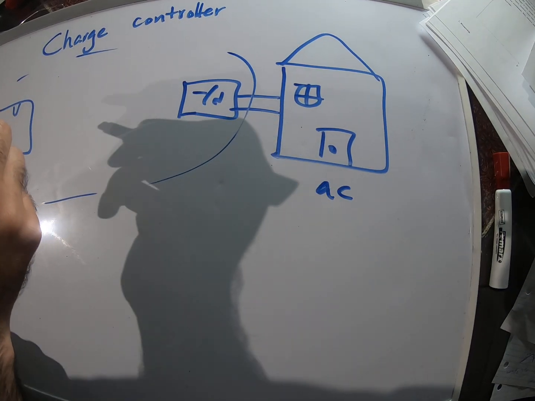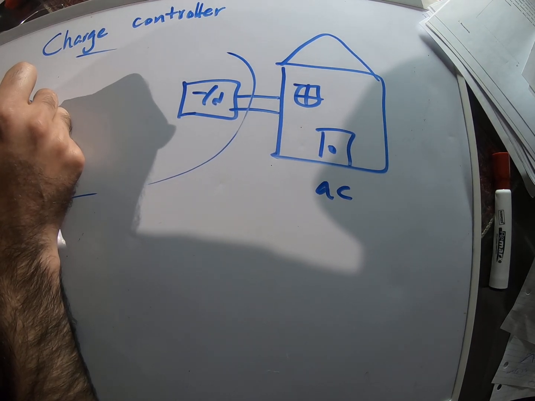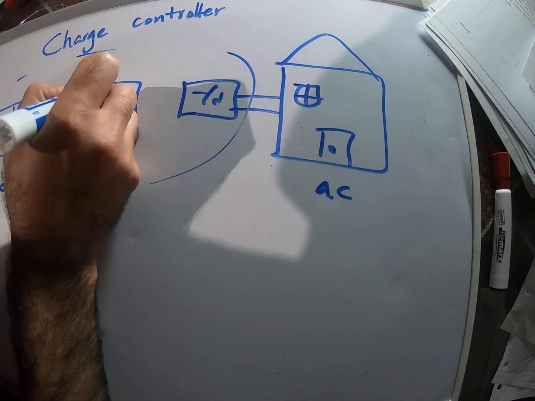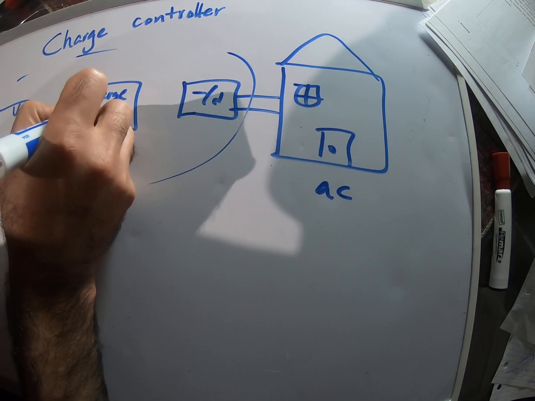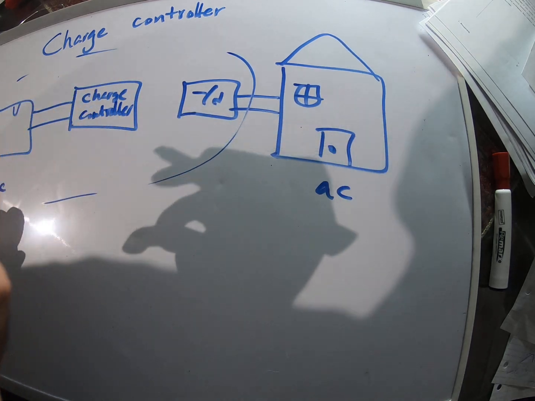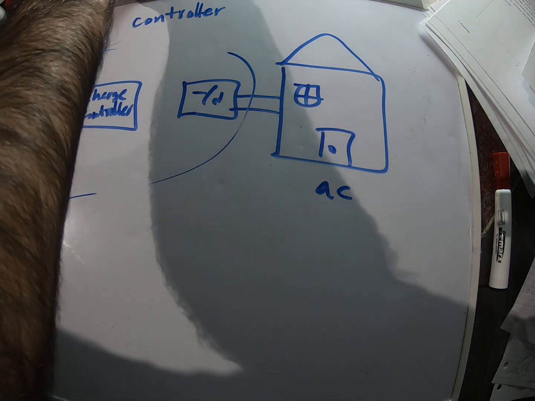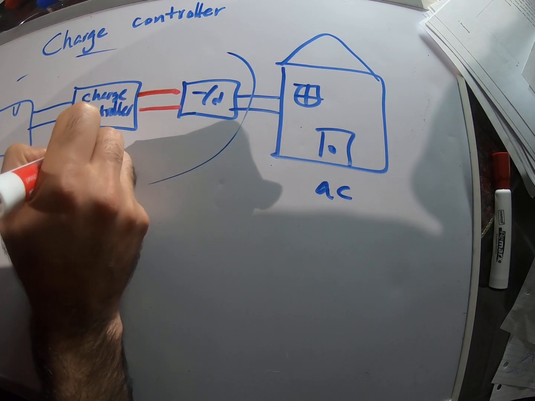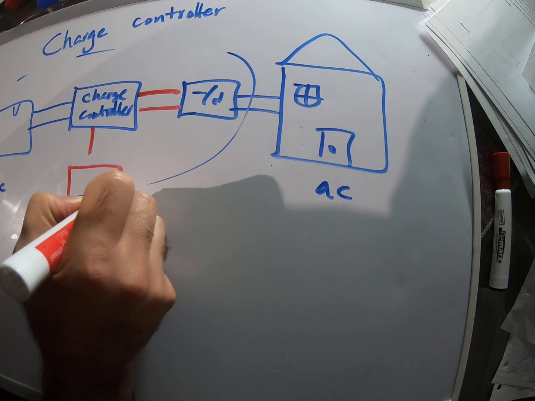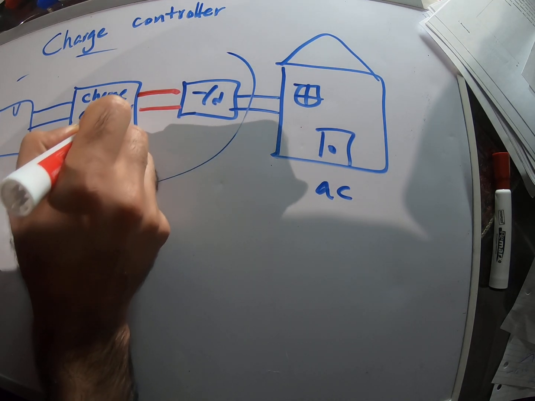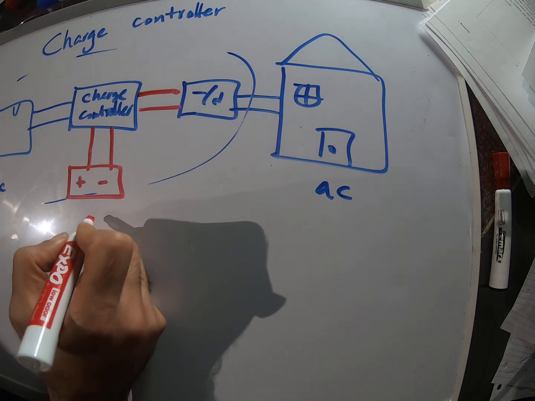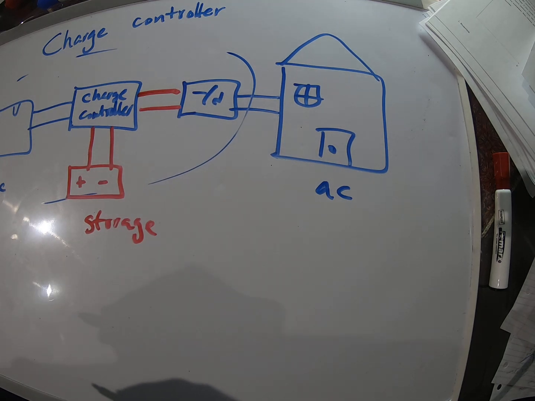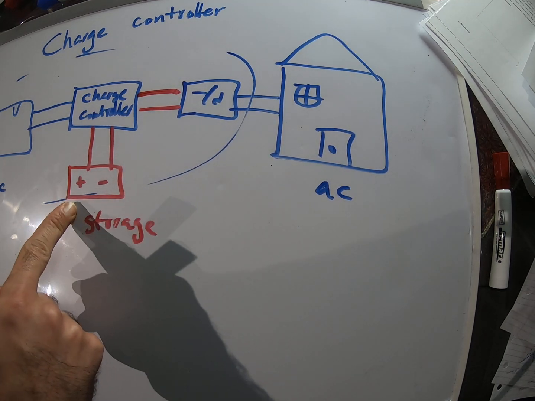We also have something called a charge controller. So the output here goes to something called a charge controller, and from here it goes to our inverter and also to our battery storage, right? This has a certain capacity.